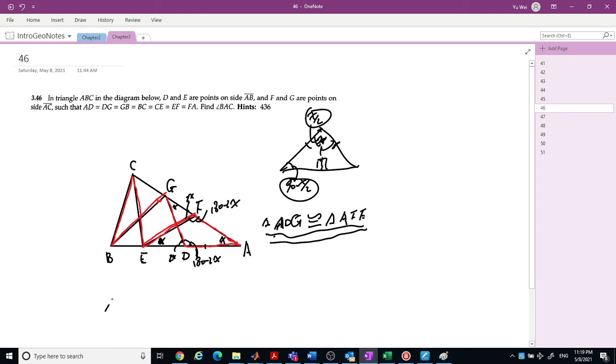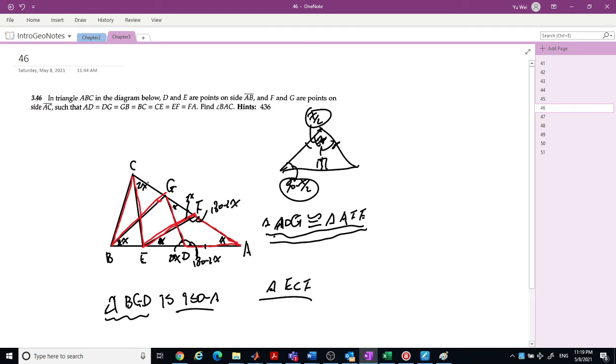So triangle BGD is an isosceles triangle, right? So if GDB is 2x, then this angle is also 2x, right? The same thing. This is the 2x. The same thing for the triangle ECF, right? So this angle is also 2x.